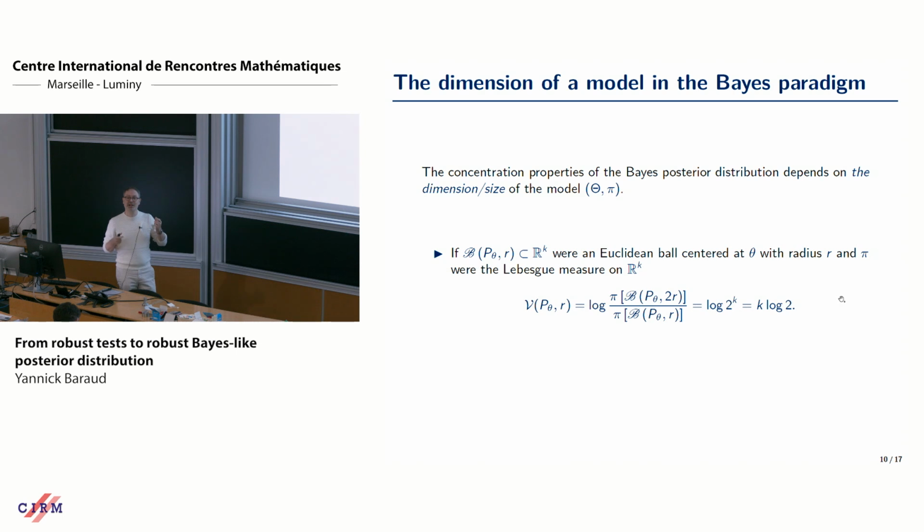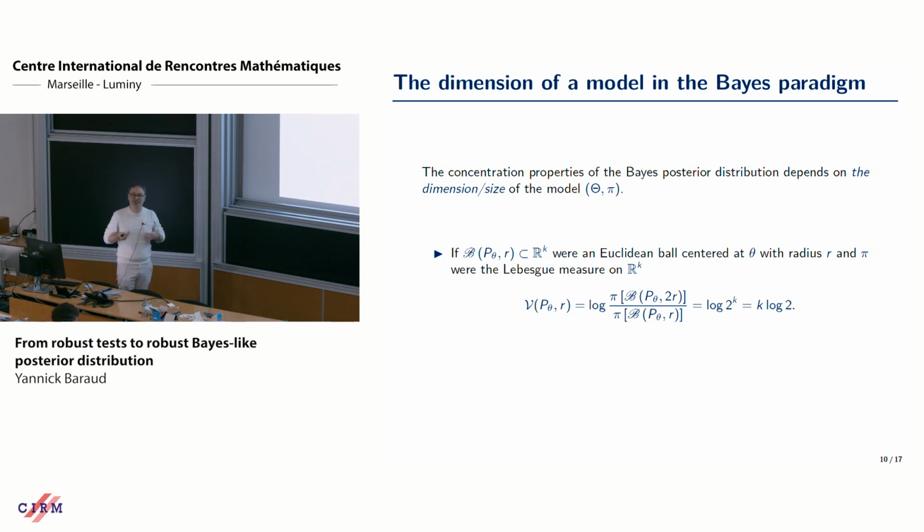So the dimension of the space is related to the volume of the neighborhoods. You take the ratio of volumes, you end up with a power of the dimension, and you take the log. This is the kind of idea we're going to use.